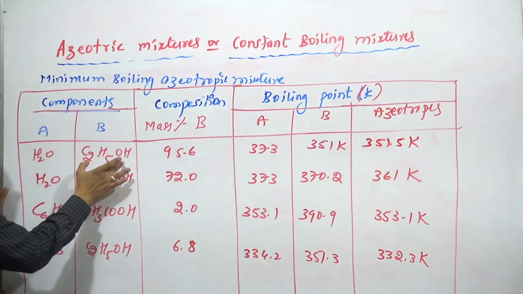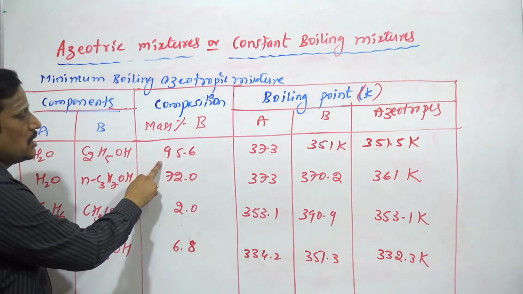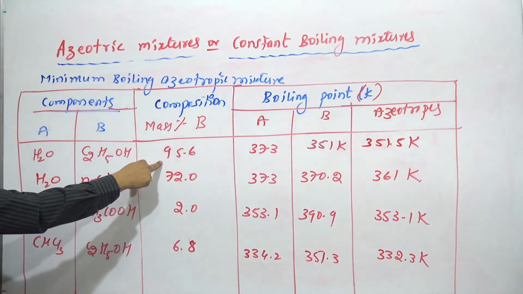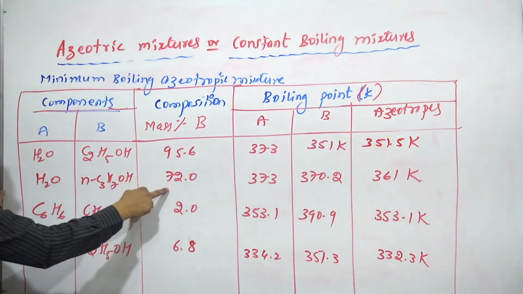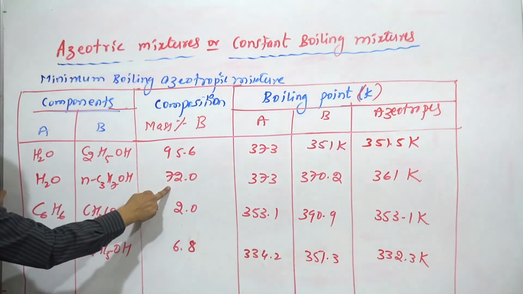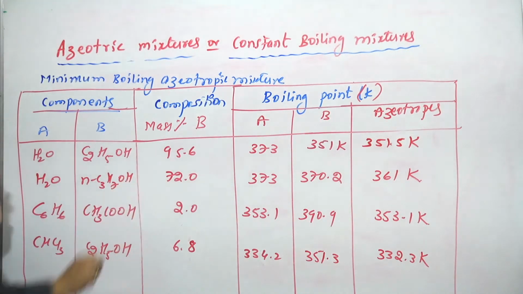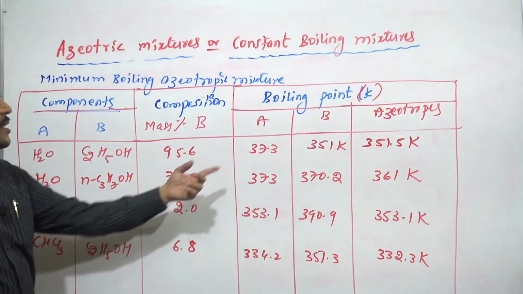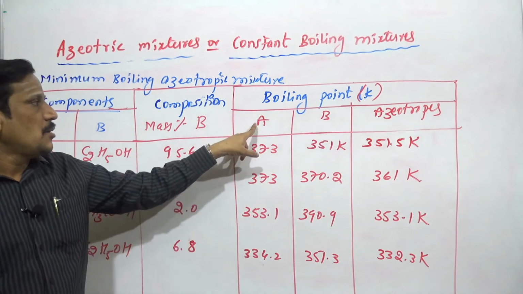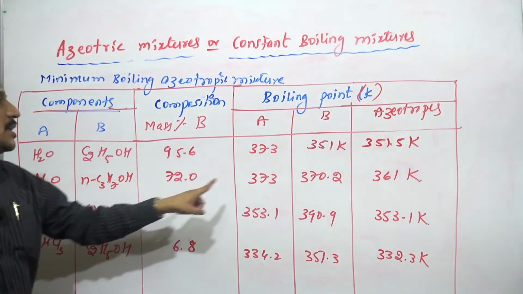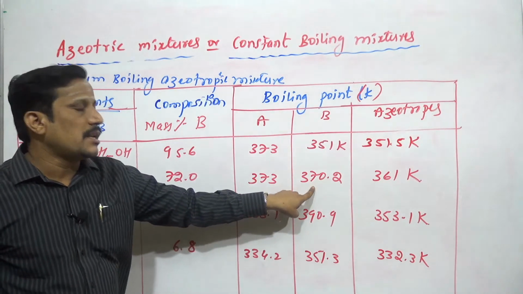For a mixture of ethyl alcohol and water, if the ethyl alcohol percentage is 95.6, then it is a minimum boiling azeotropic mixture. If N-propyl alcohol and water, with N-propyl alcohol composition 72.0%, then they are an example of minimum boiling azeotropic mixture. The boiling point of water is 373, and N-propyl alcohol is 370.2.